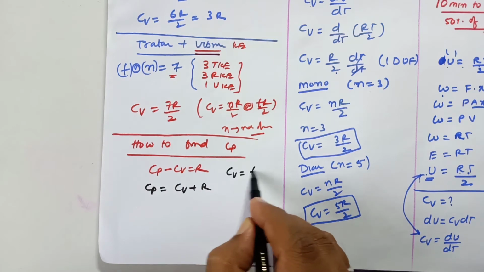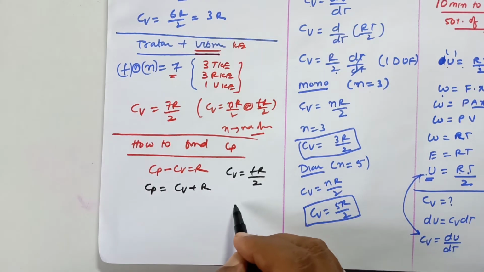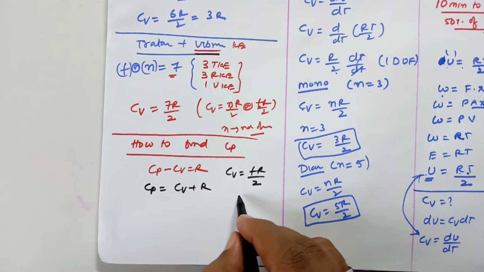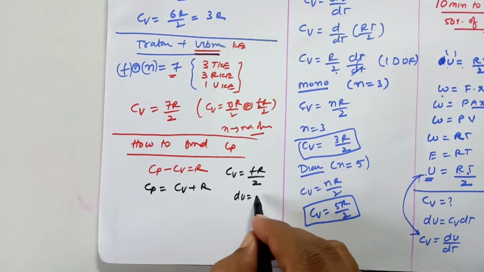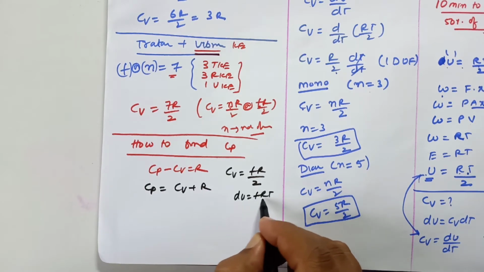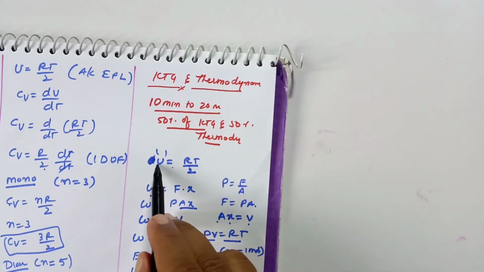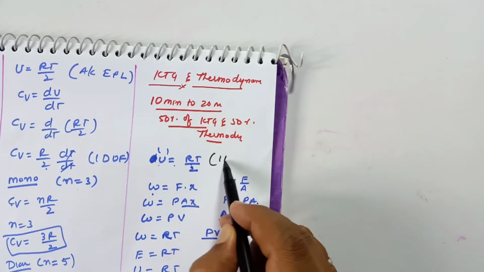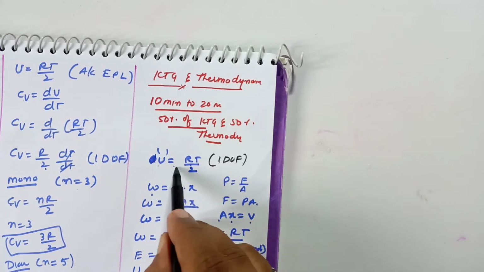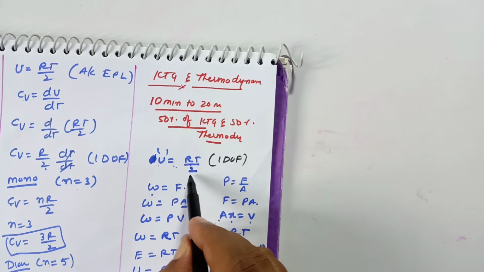And you know Cv is equal to fR by 2 here. And you also know that dU is equal to fRT by 2. Why is it fRT by 2? As I said here, internal energy for 1 degree of freedom is considered to be RT by 2.